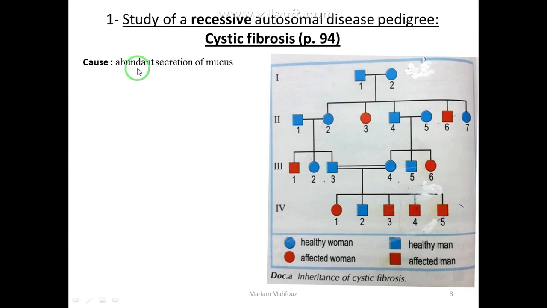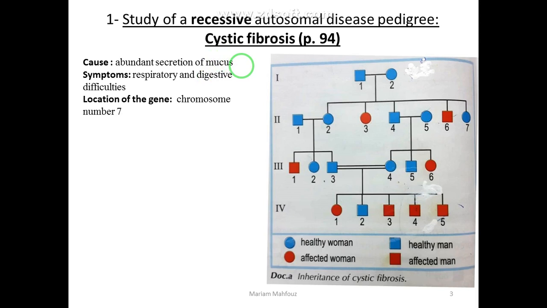If you remember, we said that the cause of cystic fibrosis is abundant secretion of mucus in the patient since birth. Second, the symptoms: the person who has this disease shows respiratory and digestive difficulties. The gene is located on chromosome number 7, which is an autosomal chromosome.